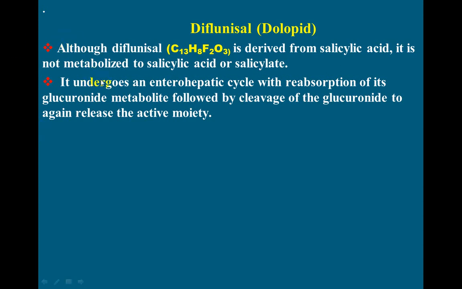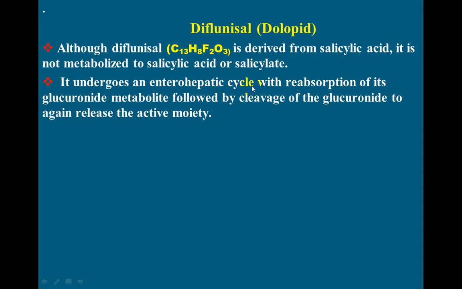It undergoes an enterohepatic cycle with reabsorption of its glucuronide metabolite, followed by cleavage of the glucuronide to again release the active moiety. This is the difference from other non-steroidals.